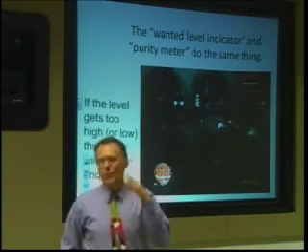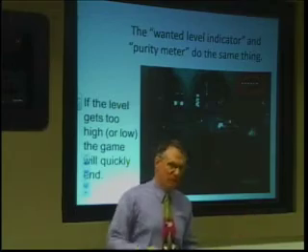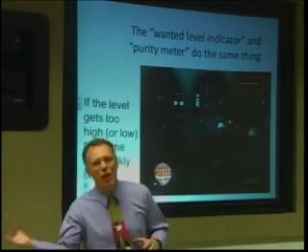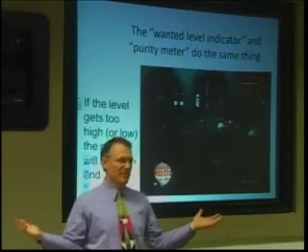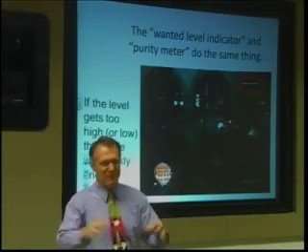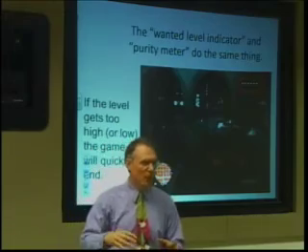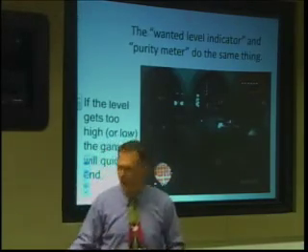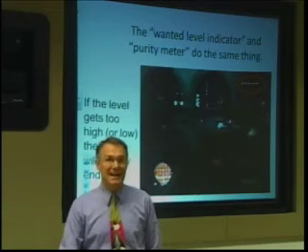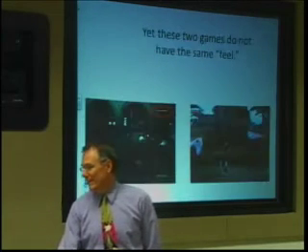And if Nico's wanted level gets too high, or Frodo's purity level gets too low, the game will end very, very quickly. Forces will close in on them, capture them, the police will shoot him, or the Dark Riders will take Frodo. Either way, it brings an end to the game very quickly.